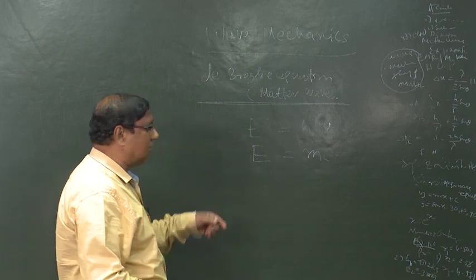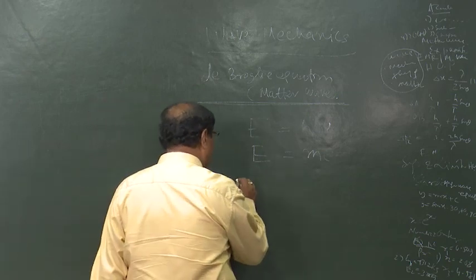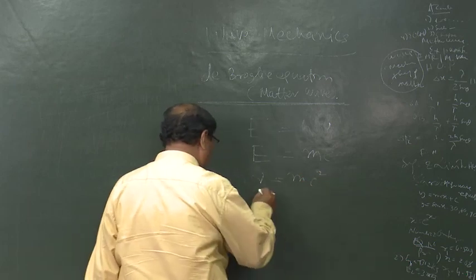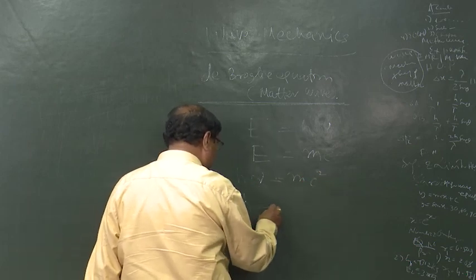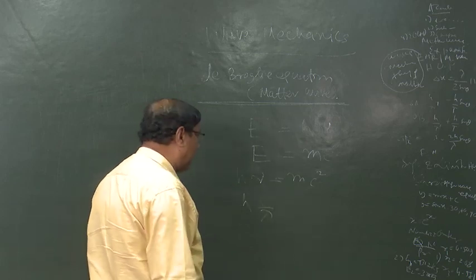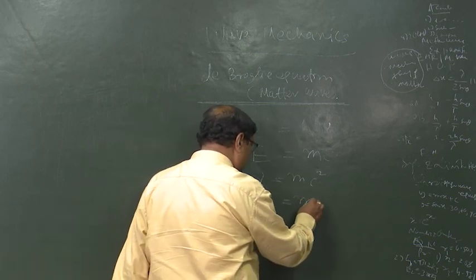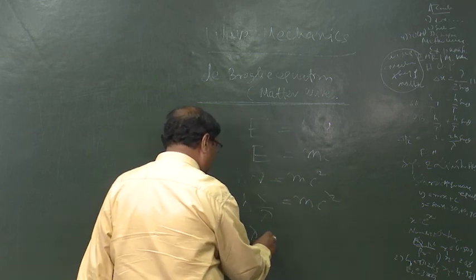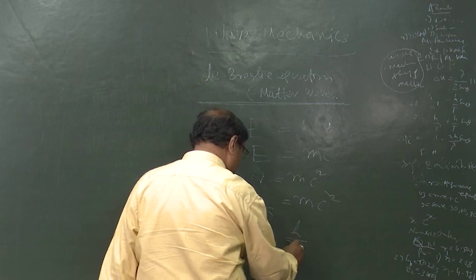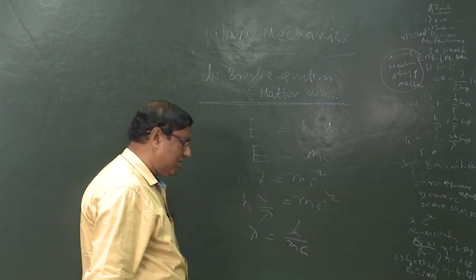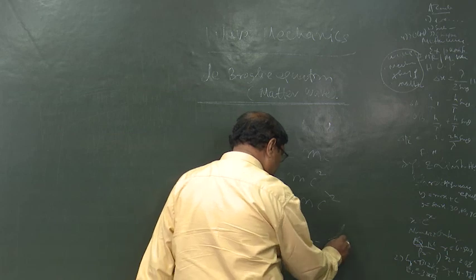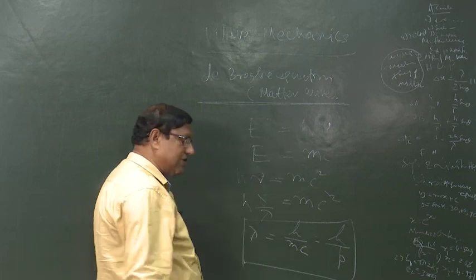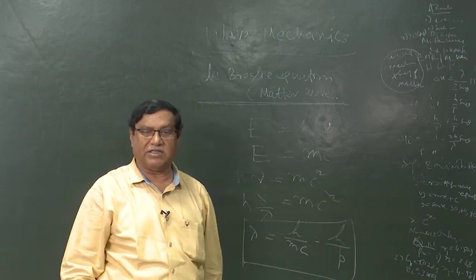So, h nu is equal to mc square, or in place of nu we can write c by lambda, where c is the velocity of light. C cancels. So, lambda will be equal to h by mc, mass into velocity of light, which is equal to h by momentum.